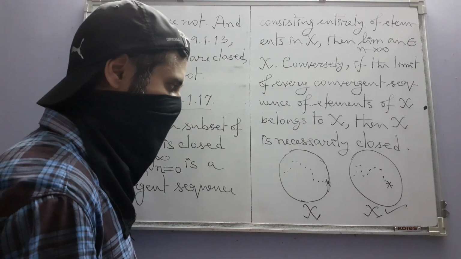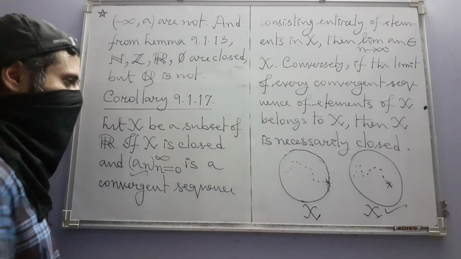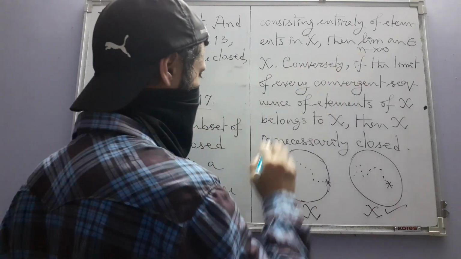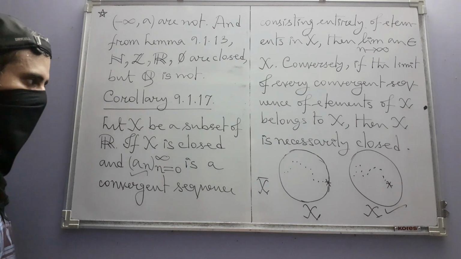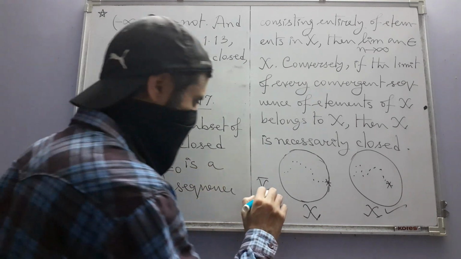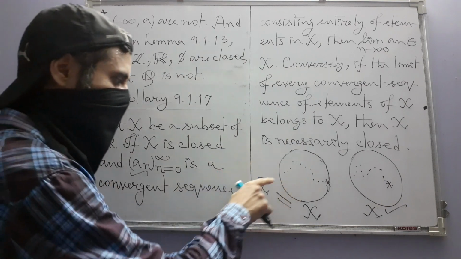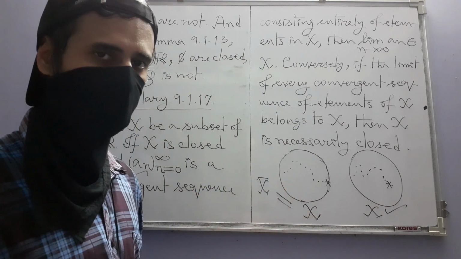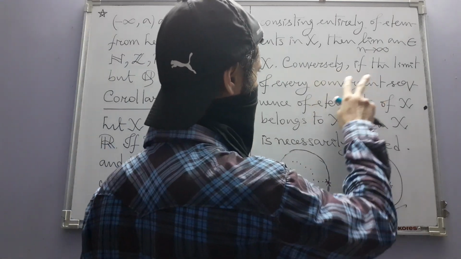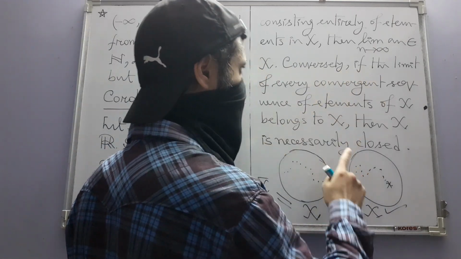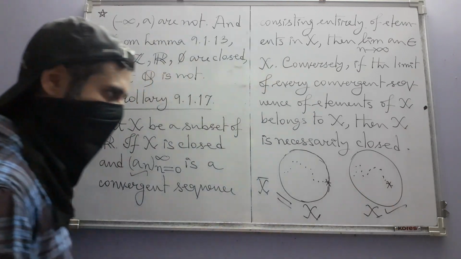The conclusion is that the limit is actually an adherent point of X. That is, the limit must belong to the closure of X. But since it's given that X is closed, X is equal to its closure, and that's why the limit must belong to X itself.